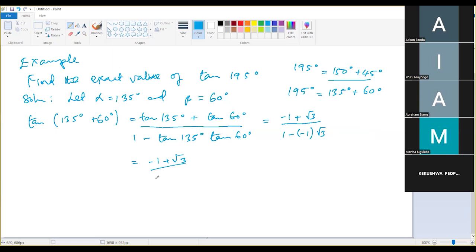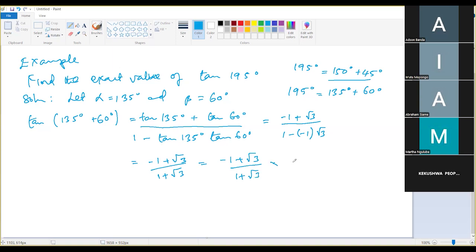Any question? Right, like I said, you can now rationalize the denominator. I will just leave it at that stage. Then you can finish up.